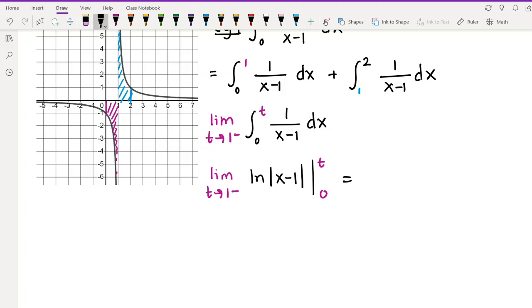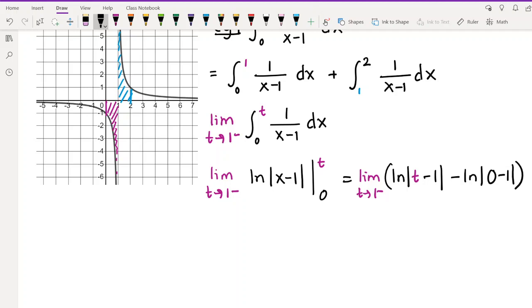When we plug in t, we get ln of absolute value of t minus 1. I still need the limit as t approaches 1 from the left. And then when we plug in 0, we get ln of absolute value of 0 minus 1, and so that's going to be ln of absolute value of -1.